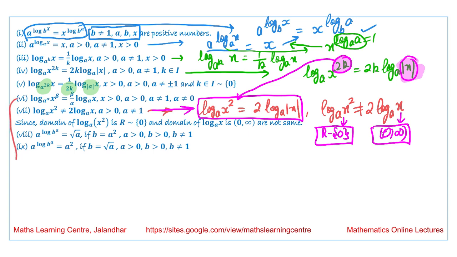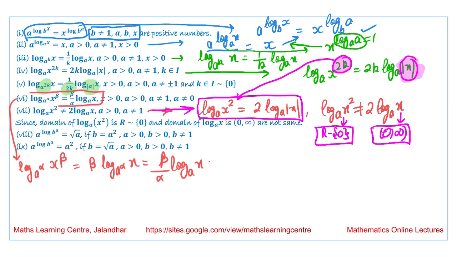So log a raised to the power alpha of x raised to the power beta is equal to beta log a raised to the power alpha x, which is equal to beta by alpha log base a x. We have x greater than 0, a greater than 0, a not equal to 1, and alpha not equal to 1.